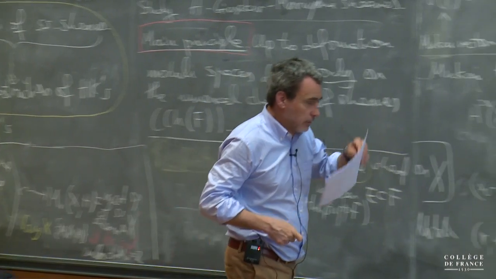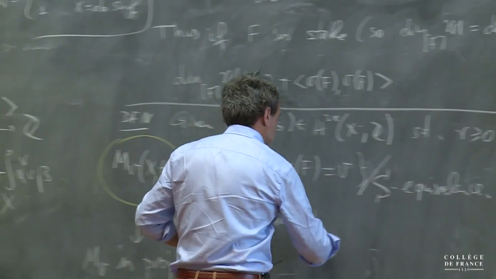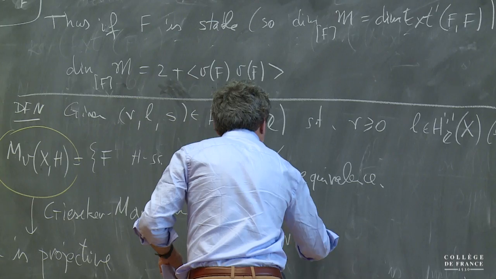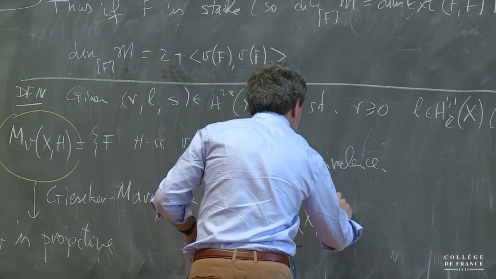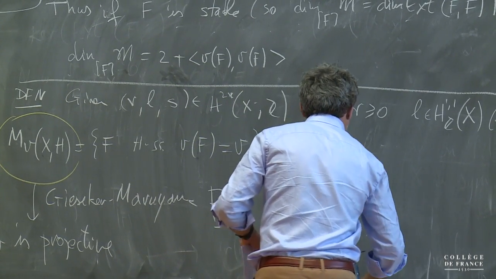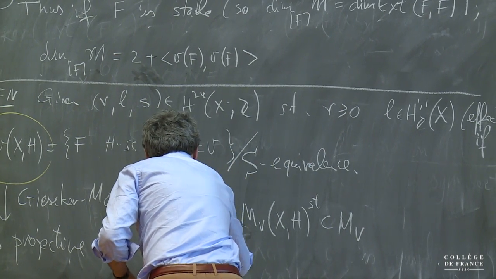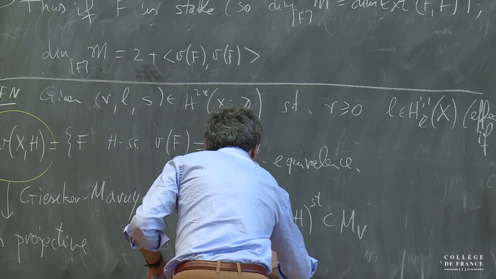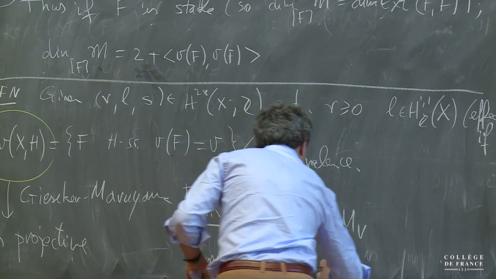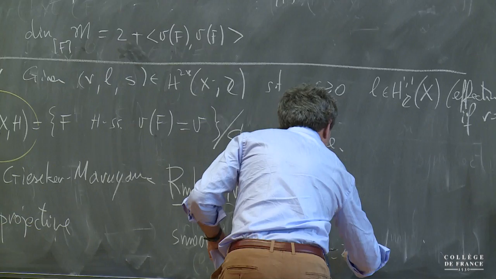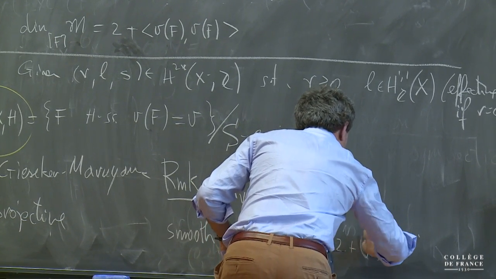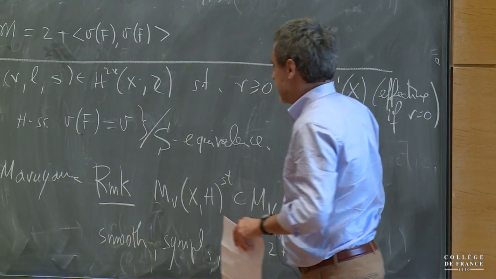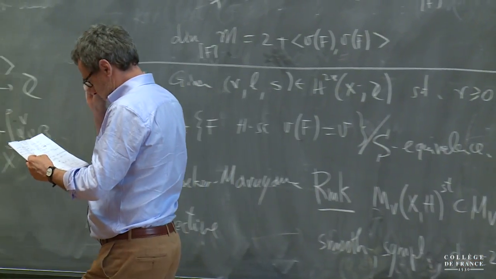And what we saw is that M_v is smooth, symplectic, of dimension, as we said, 2 plus v squared. This is what we have seen so far.